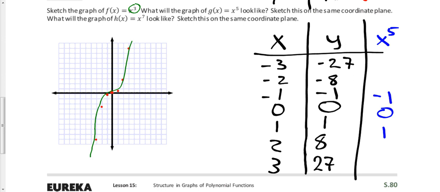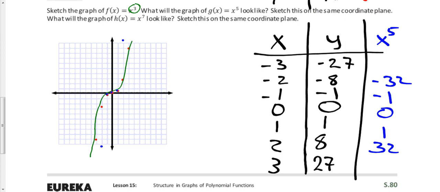When x is 2, what's 2 to the 5th power? 2, 4, 8, 16, 32. So let's be negative 32 and positive 32. So in blue, I'm going to graph x to the 5th here, and it's going to look like this.